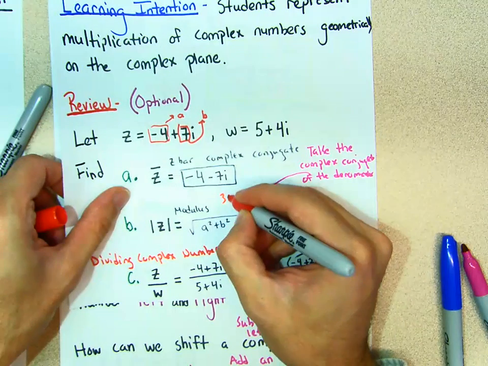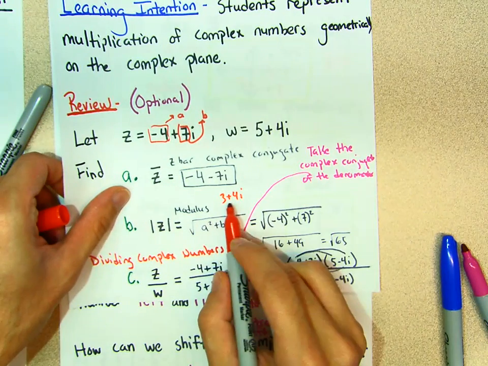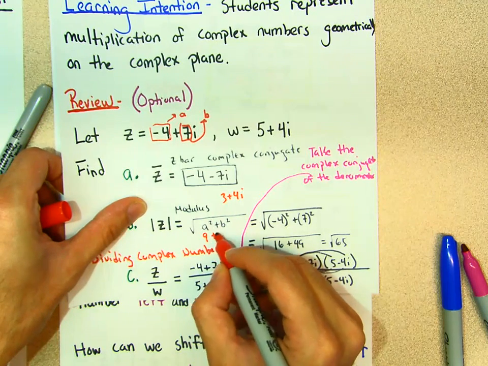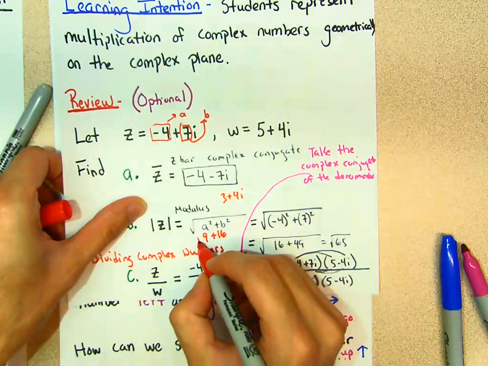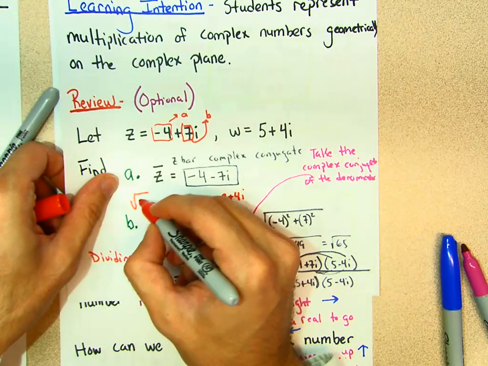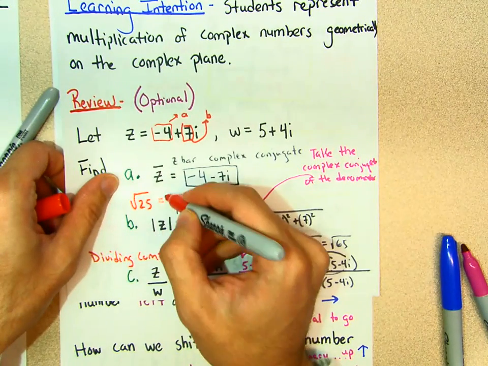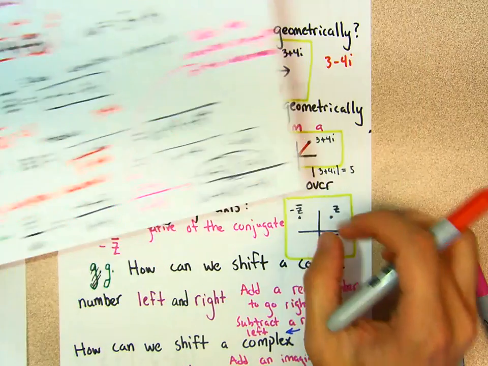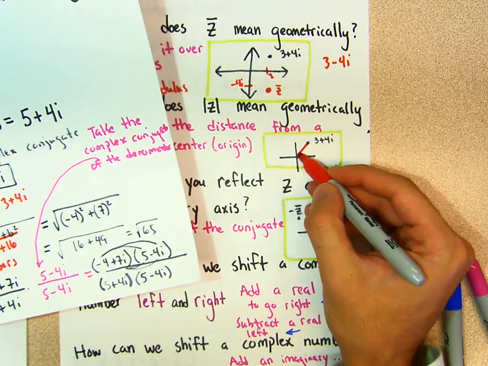If you use it for 3 plus 4i, what does this become? This is my a, this is my b. This is 9 plus 16. So what's the square root of 9 plus 16? Well, 9 plus 16 is 25. So what's the square root of 25? It's 5. So what this 5 represents is the distance from here to here.